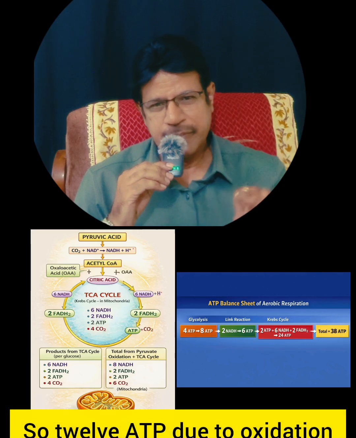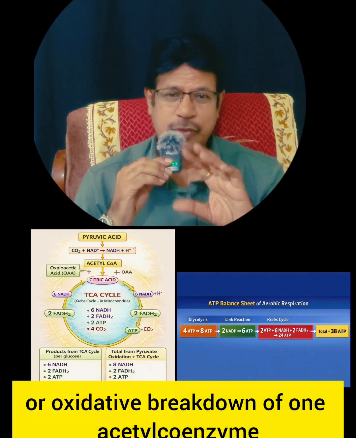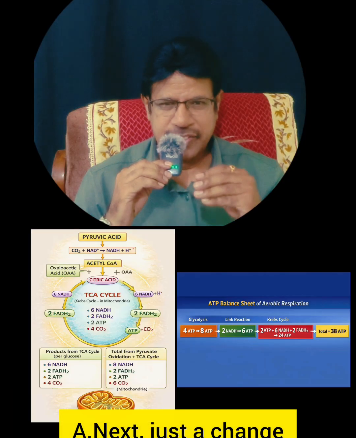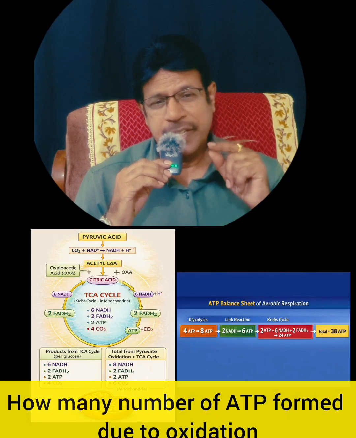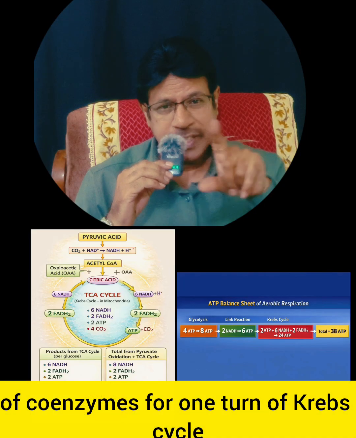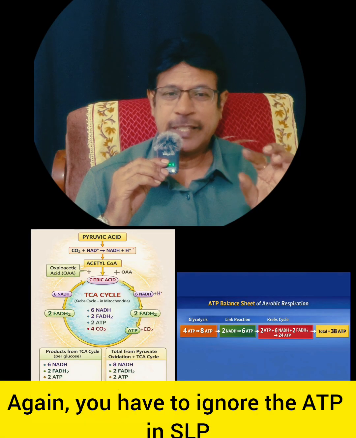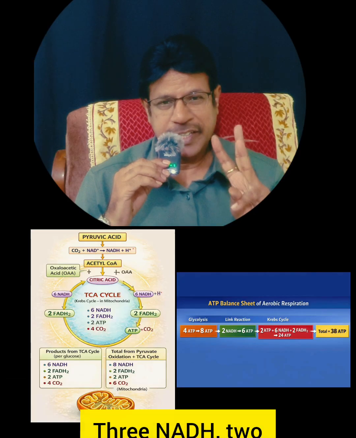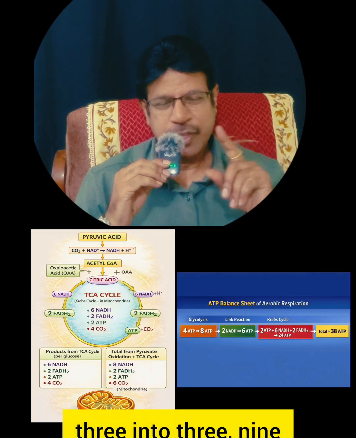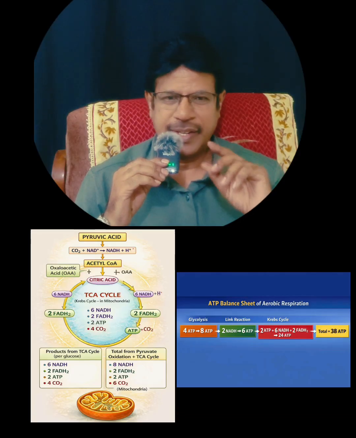So 12 ATP due to oxidative breakdown of one acetyl coenzyme A. Next, just a change. How many ATP are formed due to oxidation of coenzymes for one turn of the Krebs cycle? Again, you have to ignore the ATP from SLP. 3 NADH2, 3 into 3, 9, 1 FADH2, 2, 11.